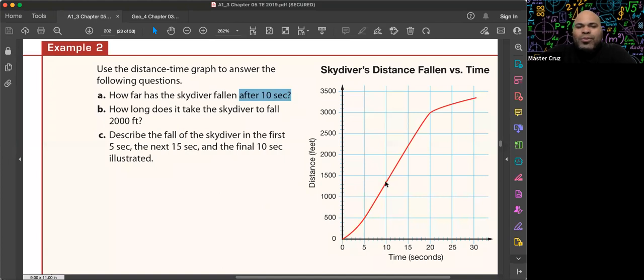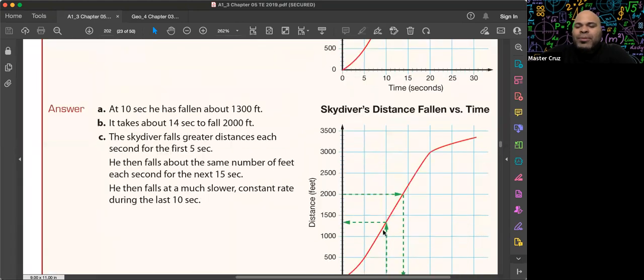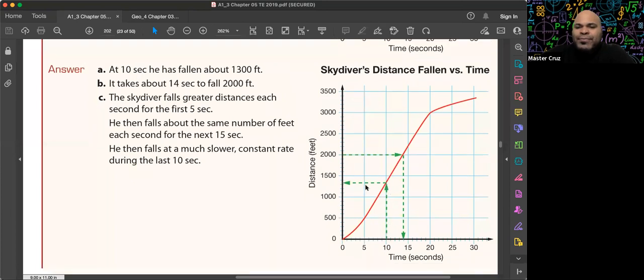So 10 is somewhere around here. That means that the answer will be somewhere around here. So if we scroll down, we're going to be able to see that at 10 seconds, this is about 1,300 feet.